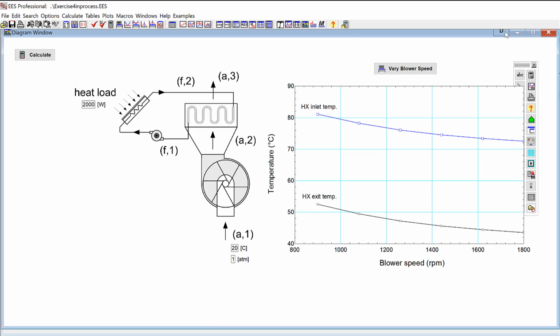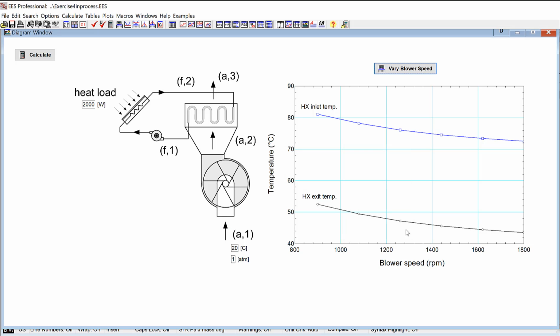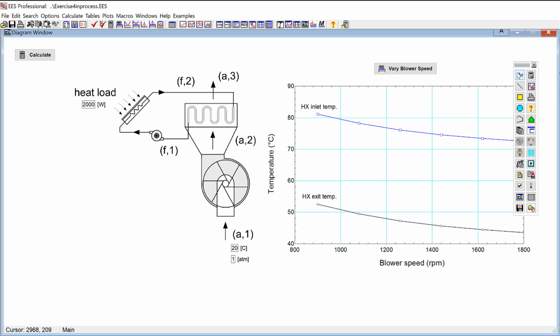So now if I put it in application mode and run, it should go through all the runs in the table and then update this plot. Okay, I think that's good. The other thing we were asked to do is make some child diagram windows that will allow us to specify things about the fluid loop, the heat exchanger, and the blower. So before we do that, let's actually put some of the temperatures on here that are useful.